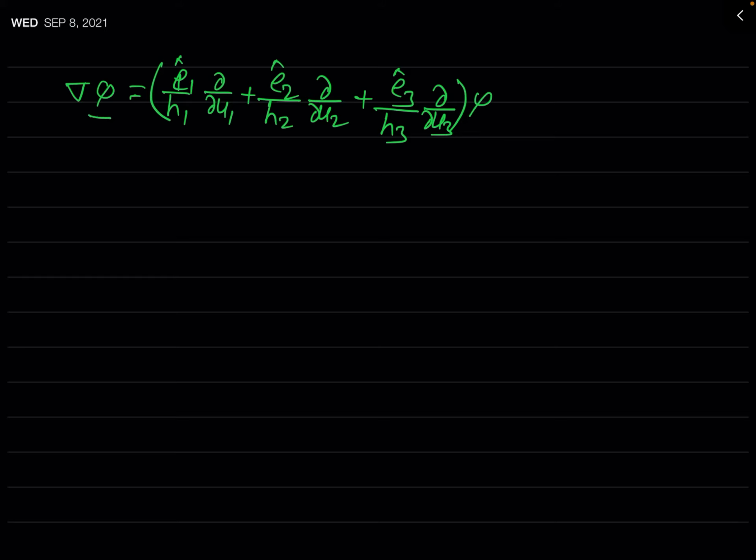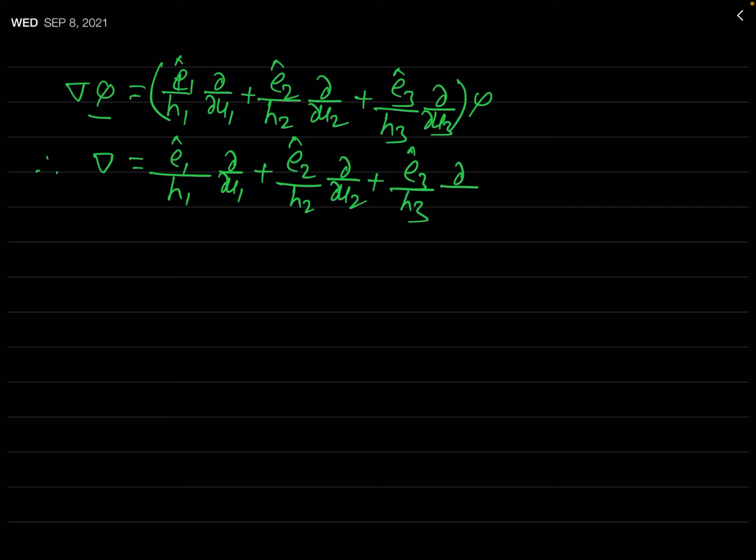So you can compare that this del operator in the orthogonal curvilinear coordinates will be simply E1 hat over H1 del U1 plus E2 hat over H2 del U2 plus E3 hat over H3 del U3.